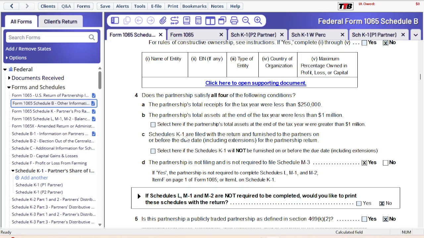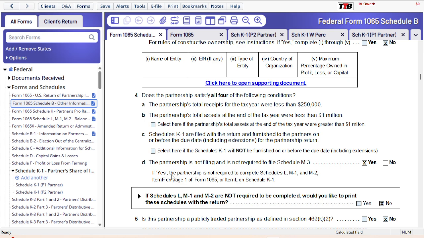And Schedule K-1s are filed with the return and furnished to the partners on or before the due date is yes. D, the partnership is not filing or is not required to file Schedule M-3. We came across that before, the 10 million requirement. So the answer is yes. If all 4 are met, the answer is yes.